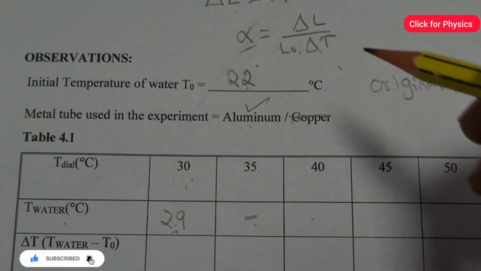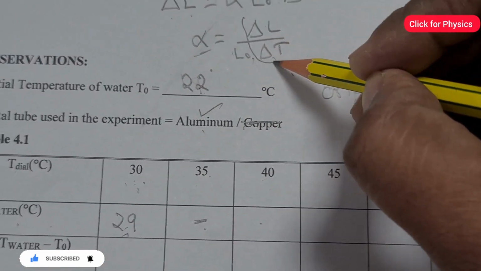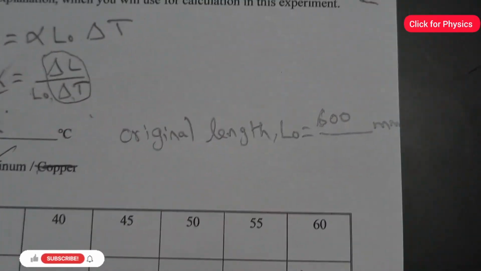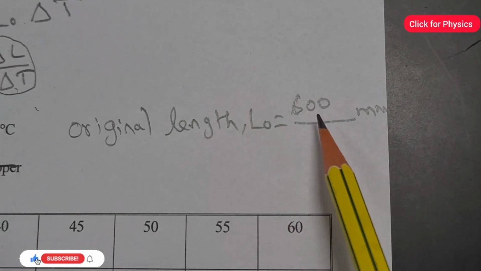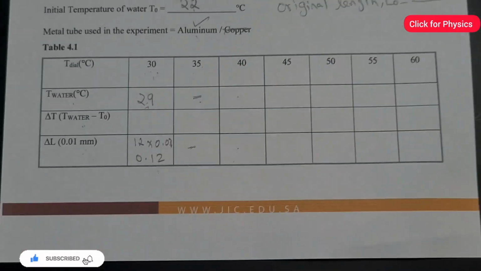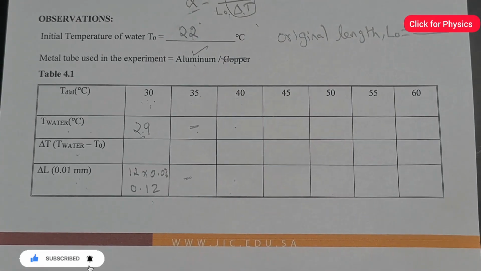The slope here is nothing but delta L over delta T. Am I right? Once you substitute the slope, and L naught is the original length which we already measured here. Clear? So likewise you have to complete this, and this is the explanation of how to fill the data.